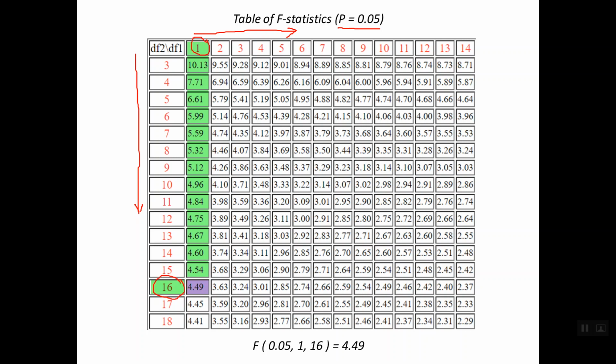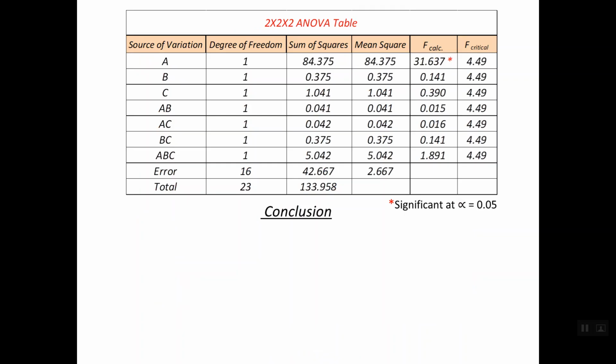So the value of F for probability of 0.05 and degree of freedom in the numerator equal to 1 and degree of freedom in the denominator equal to 16 is simply 4.49. So we fill the value of the F critical inside the three-way ANOVA table.